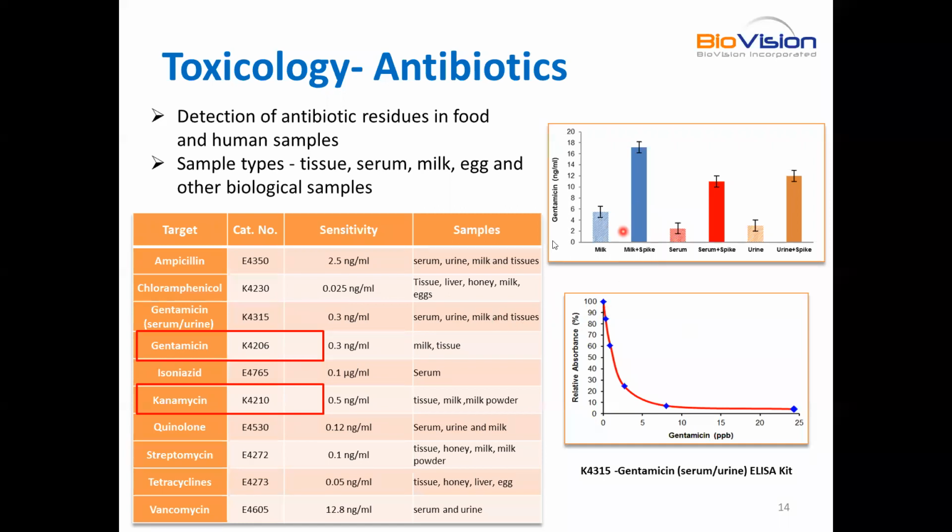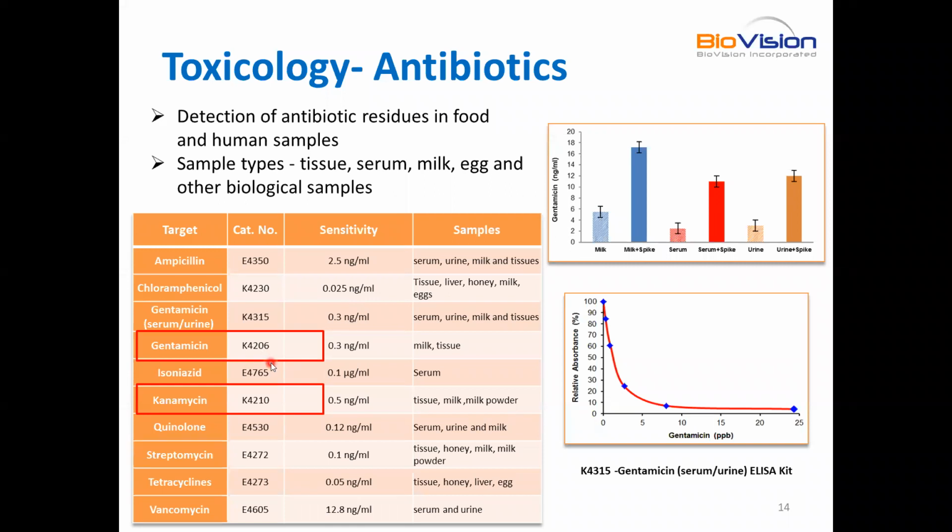However, I would like to mention that this is our gentamicin ELISA kit, but we have a different gentamicin ELISA kit that can also be used for food samples as well as serum and plasma samples, and this is one of the high-selling products in this category. Please try to remember this: K4206.